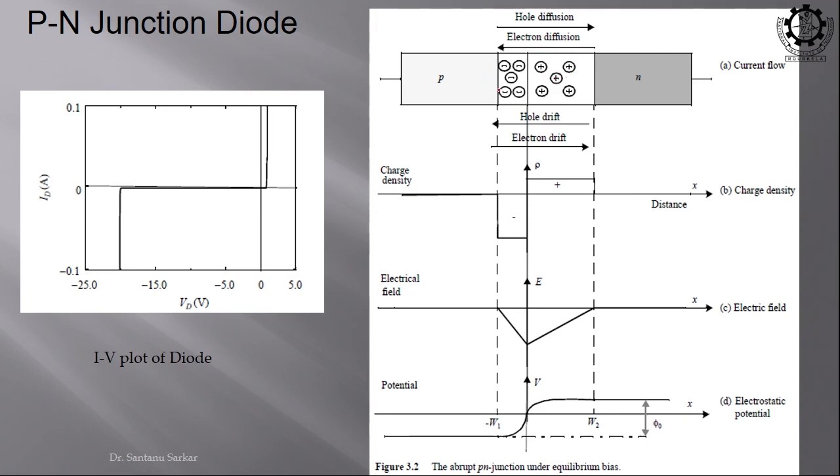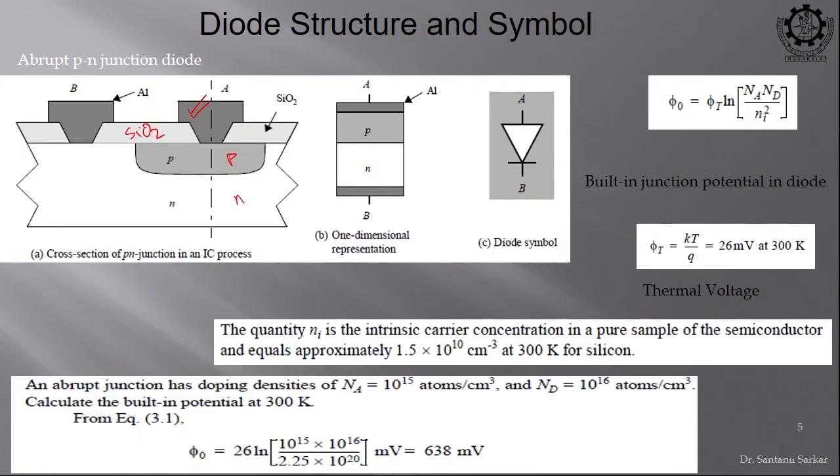So, for this space charge region, think like this: this is one metal plate, this is another metal plate, and this is the dielectric material in between, is it not? So, a reverse bias diode, you can think like that, suppose this is reverse biased. This will be one plate and this will be another plate, and in between the space charge region is behaving like the dielectric, all right.